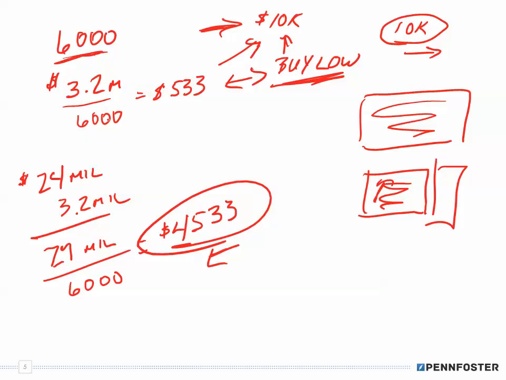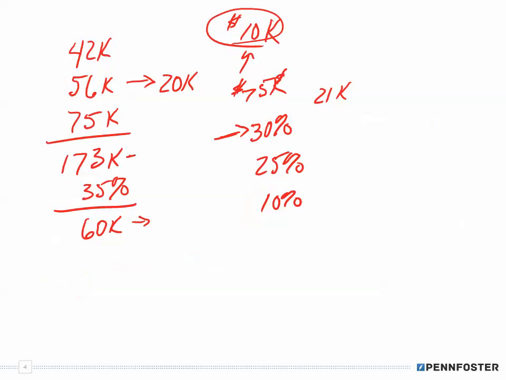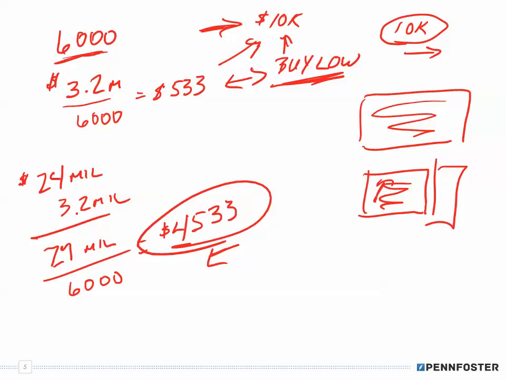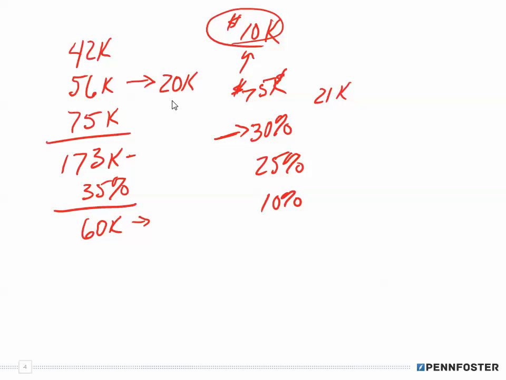Now, granted, in the previous slide, I had showed, let's see here, sorry, where was it? Yeah, it was this here, 60,000.